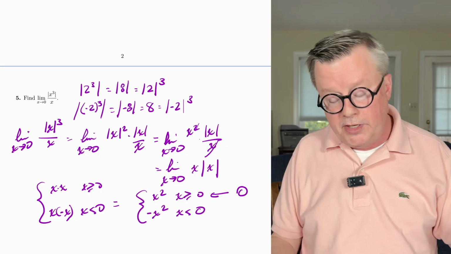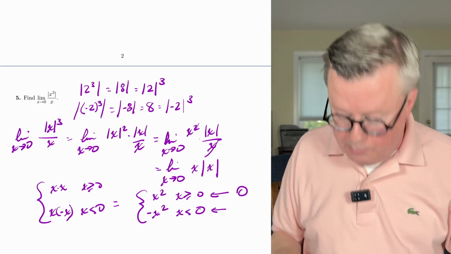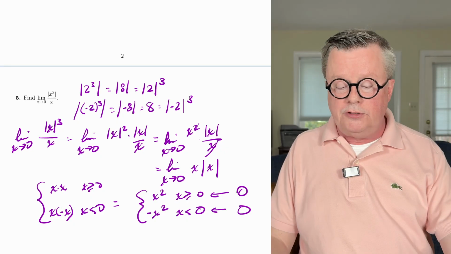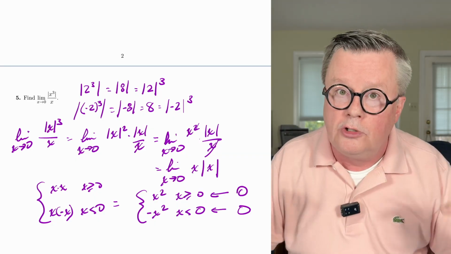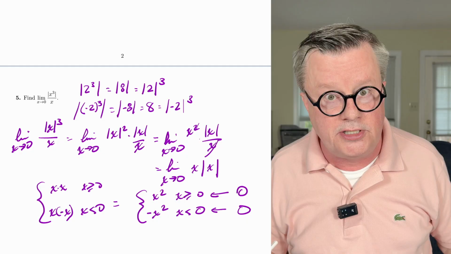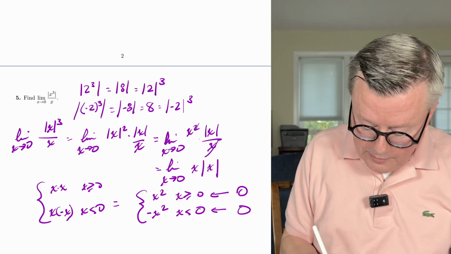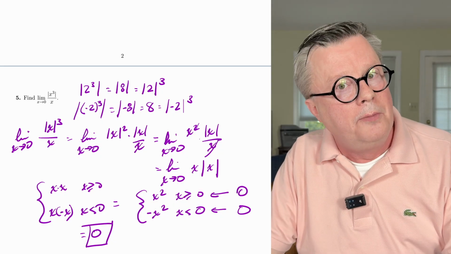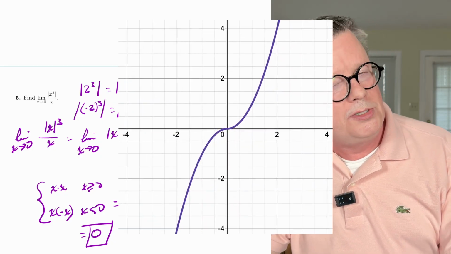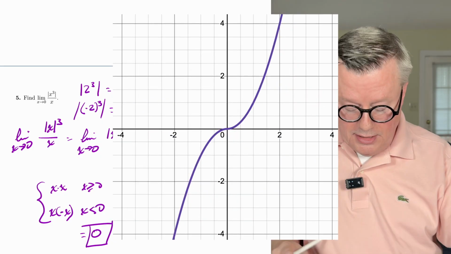When I'm approaching from the negative side, I'd be plugging into the bottom part, which is also a 0. So the limit as x approaches 0 is 0 from both sides, so this limit does exist, and it's 0. This limit is 0. And once again, I might put a copy of the graph of this function up so that you can see the limit exists and that it is 0.